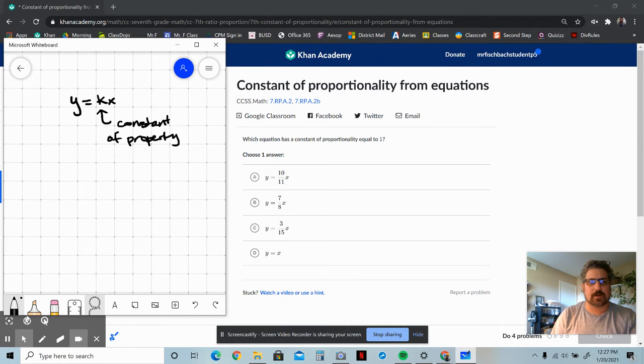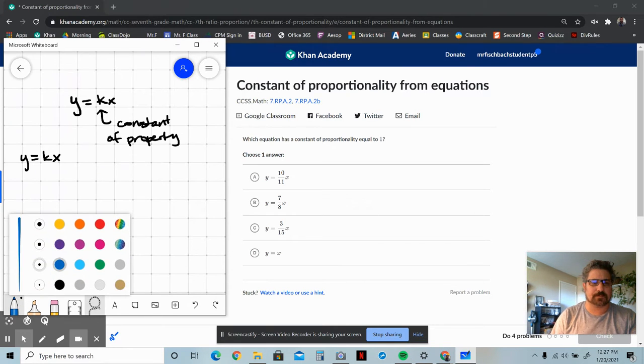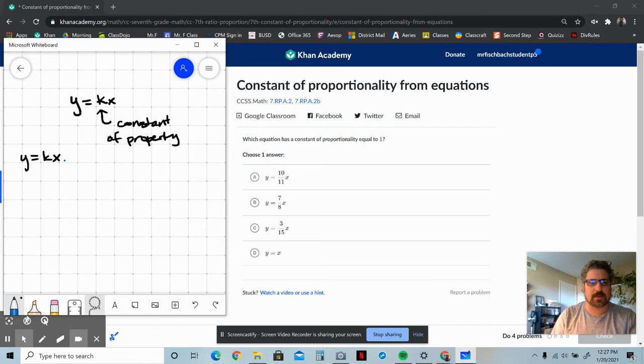Remember, the ratio of y over x is k. If you ever need to solve for k, you can see that the constant is just going to be equal to the ratio of y over x. You'd want to get the k by itself, so you divide both sides by x, and k is equal to y over x.